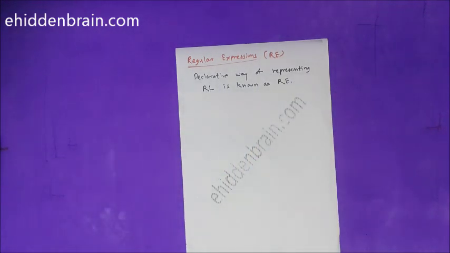Now there will be a regular language which will be accepted by finite automata like deterministic finite automata or NFA or Moore or Mealy machine. If that is the regular language, then we can have a parallel expression or a parallel representation of that regular language, which is known as regular expression.